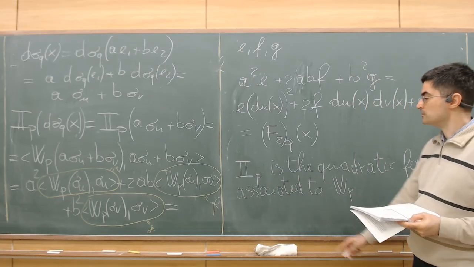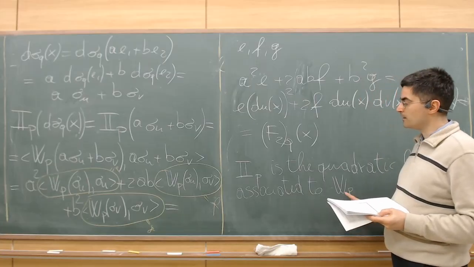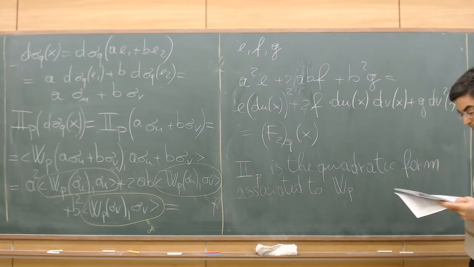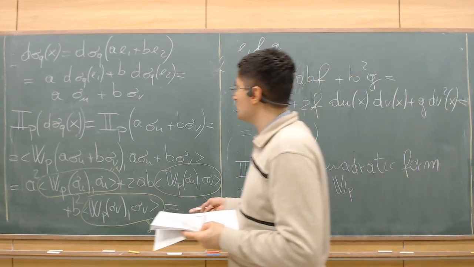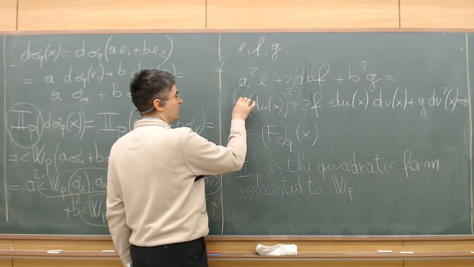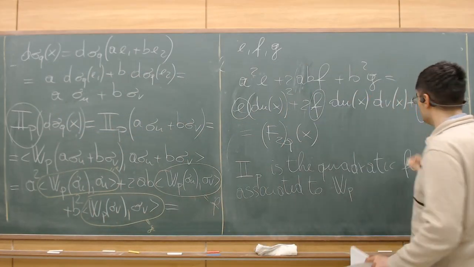If you know the second fundamental form, then you know WP, and if you know WP, you know the second fundamental form. Now, what we proved is to write down the second fundamental form using E, F, and G.